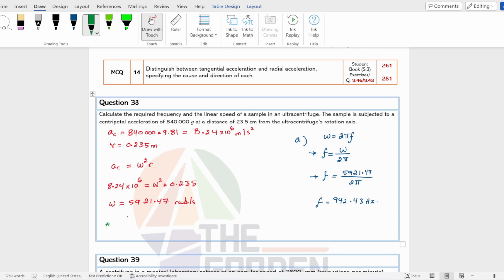So part B, the linear speed V is equal to omega times R. So plugging the values in, we have 5,921.47 multiplied by the radius of rotation, which is 0.235, will give us V equals 1,391.6 meters per second. And this is the end of this question.